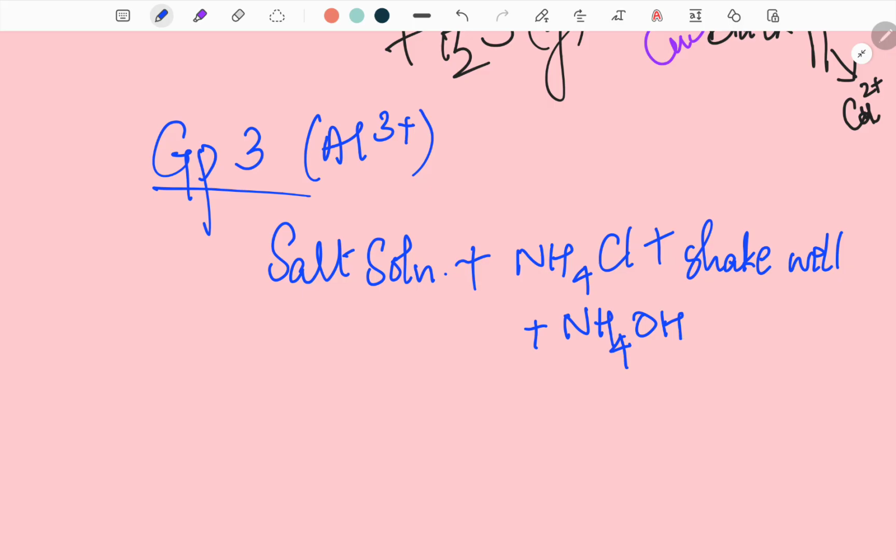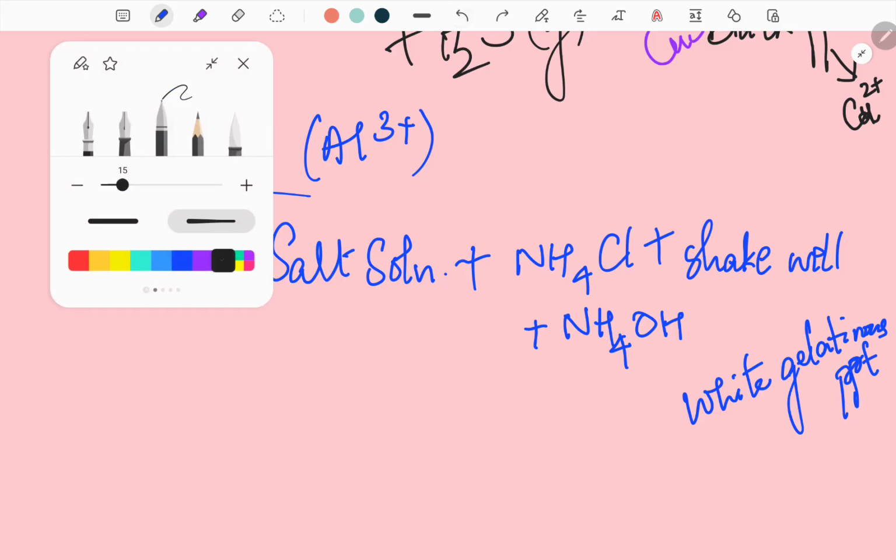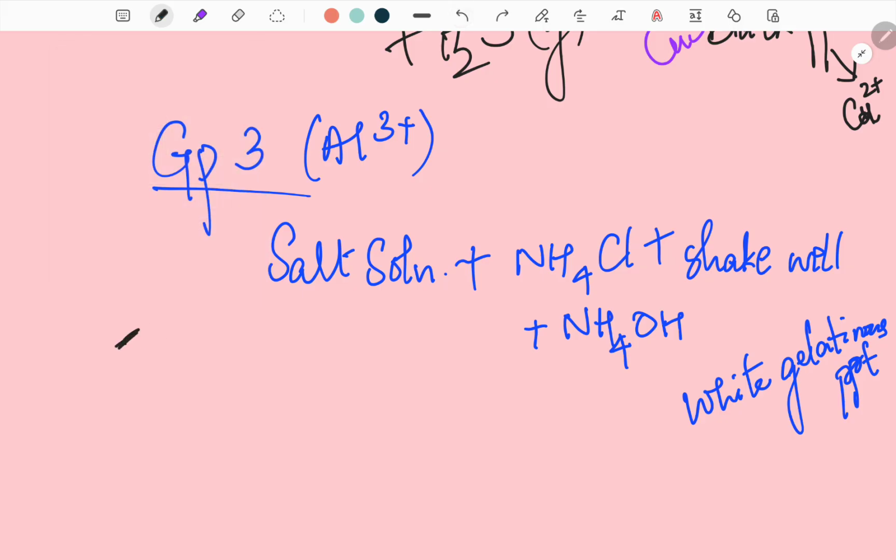After adding NH4OH, if you are getting a white gelatinous precipitate, that means aluminium ion is present. The precipitate has to be gelatinous. Normally precipitates are thick and together, but gelatinous means it has to be kind of separated, like disjointed areas.